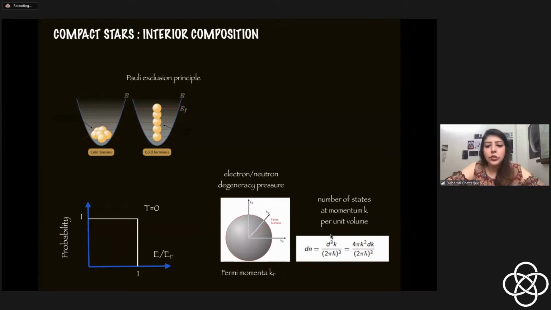This is d3k divided by (2 pi h bar) cubed. Here n is the number of particles per unit volume, or number density. This is the volume of a shell in momentum space, which can also be written as 4 pi k squared dk if you write it in spherical coordinates, integrating over the spherical coordinates.